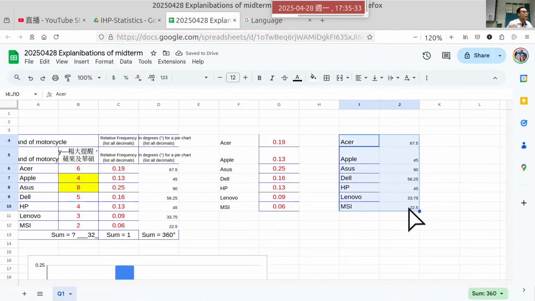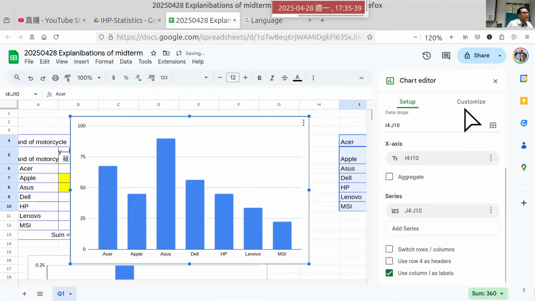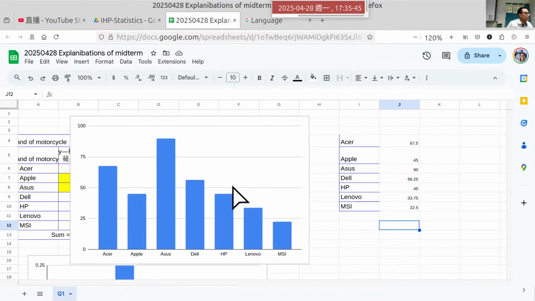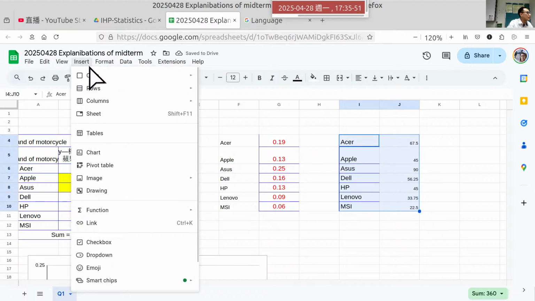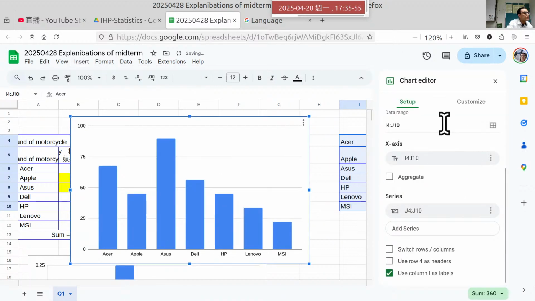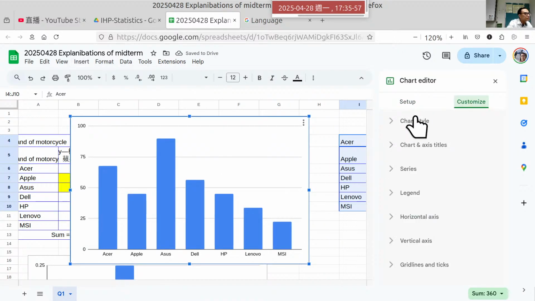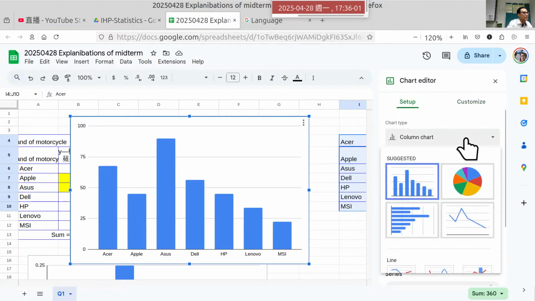And I use only this one and insert pie chart. No, not this one. Insert pie chart. No, that's okay.